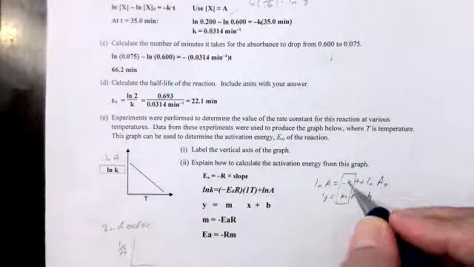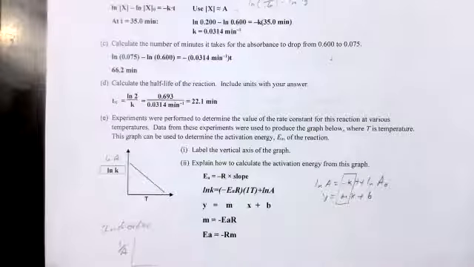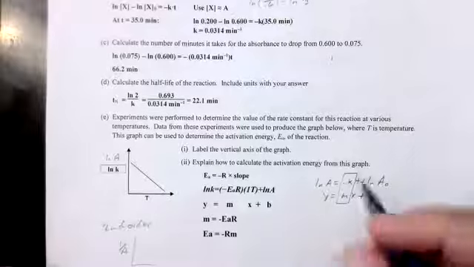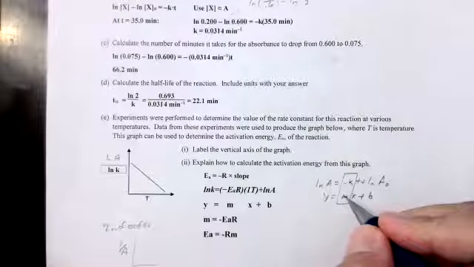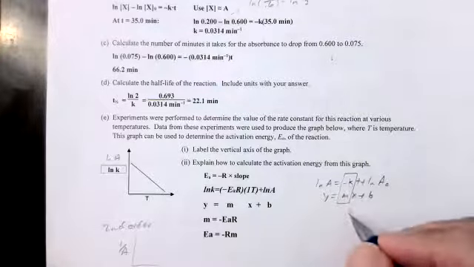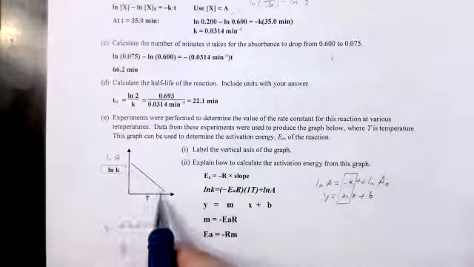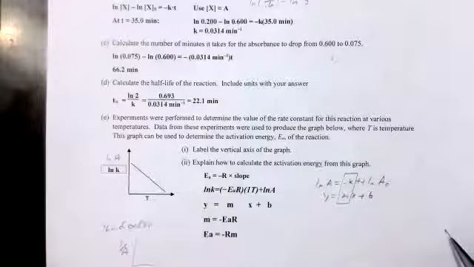So if you can find K, the slope will be negative value of K. So when they ask for the slope, they are asking for K, but make it negative, remember. And take the negative of your answer for the slope. Because look, the slope is negative, right, on a first order?